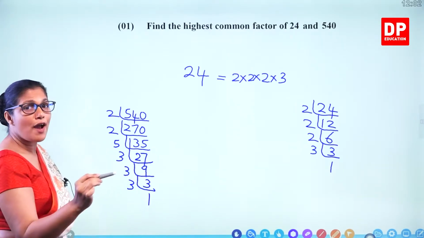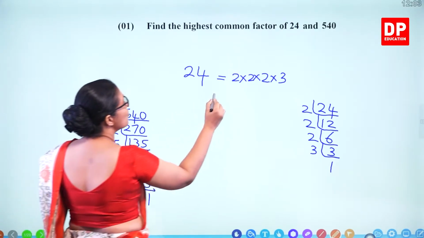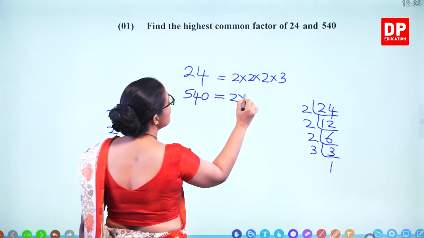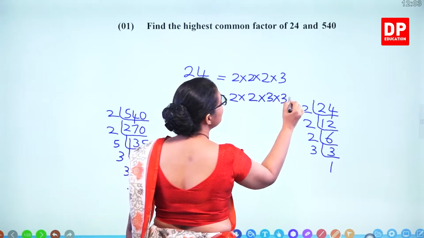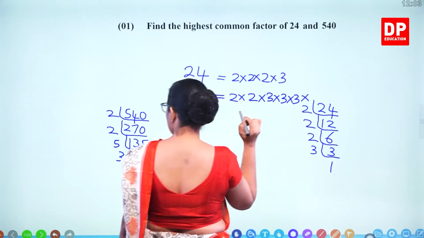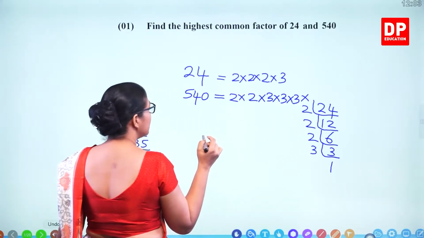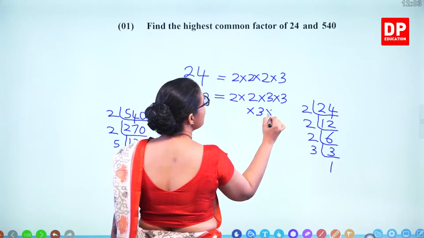Till you get 1, you have to divide. So 540 is 2 times 2, 3 times, and then 5.